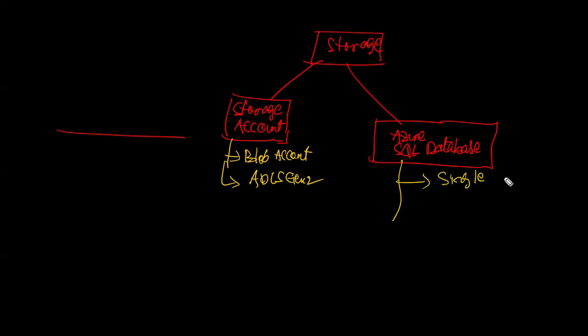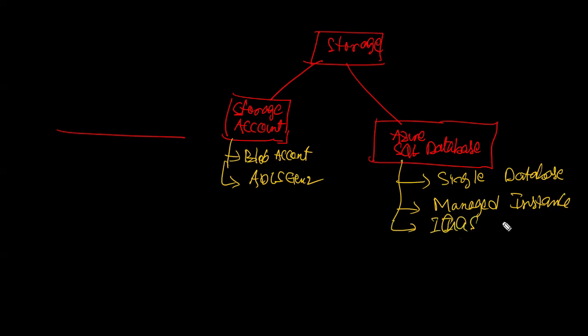Mostly we are going to have single databases and managed instance. Okay, and IaaS SQL Server also. So like this, we have different databases. We are going to concentrate on this single database.